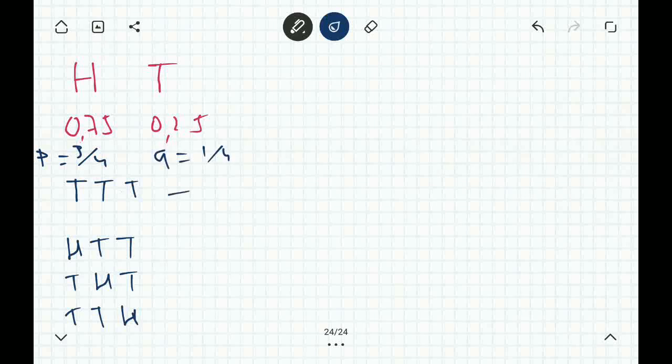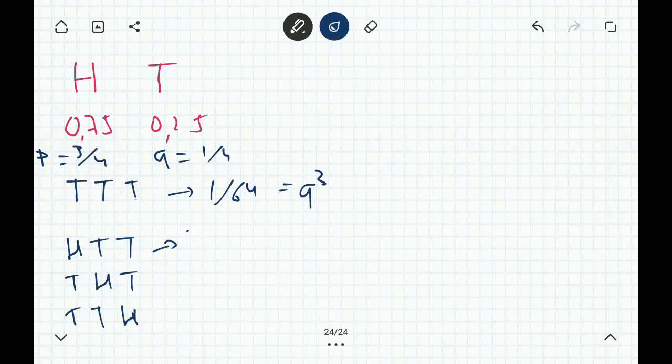So here we will have 1/4 times 1/4 times 1/4. That will give us 1/64, or Q cubed.